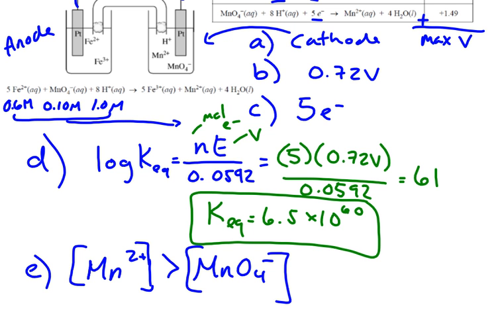So I might have left a point on the table if I was doing this one. I think I would have rushed a little too quickly on this. You would have gotten 1 point for just saying, yeah, it lies to the right. You would have gotten 2 points, which I have a feeling this year most people did not get the second one. And it's not tricky, it's just you don't always think about it. So let's just make sure we understand. If they go out of their way to give you some values, just take an extra breath and think about, okay, why did they give me these?